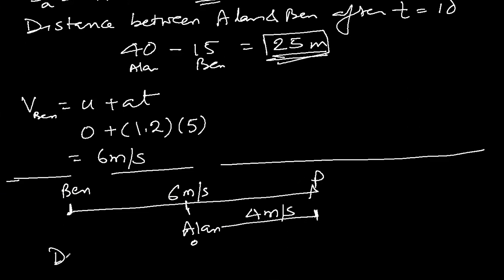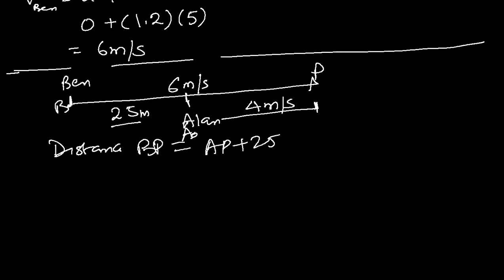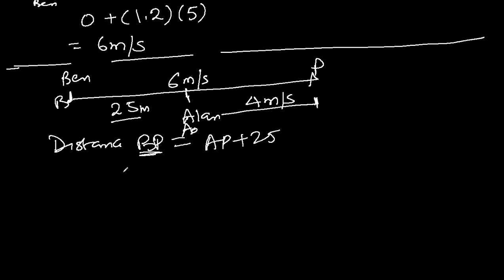So distance, let's call it B, let's call it A. So distance BP will be AP plus 25, because Alan has a lead of 25 meters. So Ben has to cover this 25 meters plus whatever Alan moves. So BP distance for Ben will be his speed, which is constant now, 6, times some time we don't know.